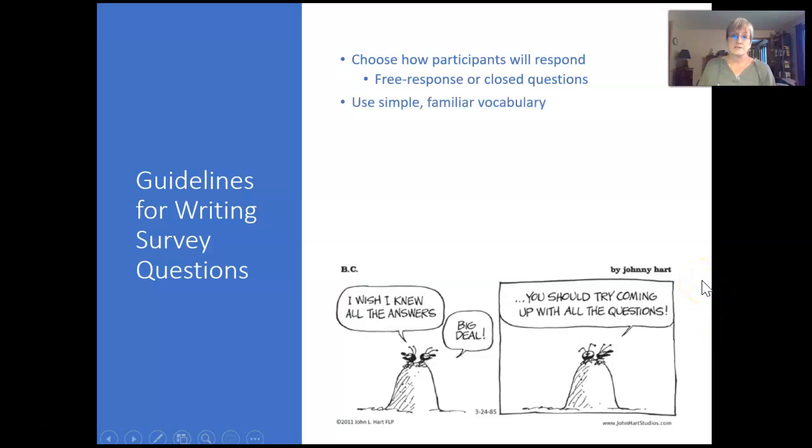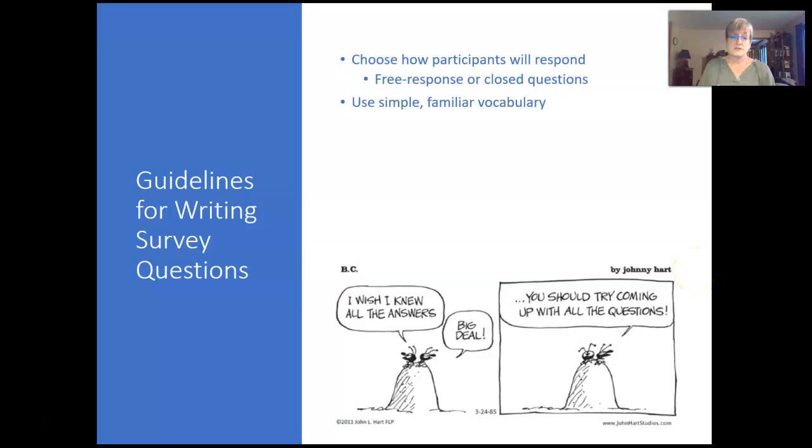A different kind of decision that you make is what kind of language you're choosing to use. Now, if I was writing a questionnaire for a professional audience and I understood the jargon that they typically use, I could use that jargon and vocabulary that's consistent with that particular population.